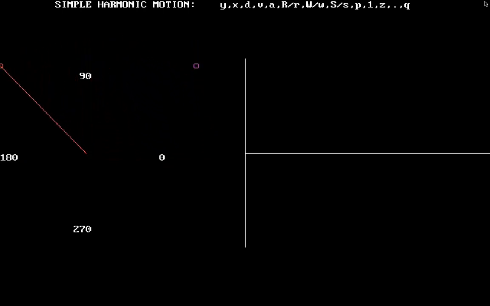It has a much greater amplitude. Here we have a smaller amplitude.